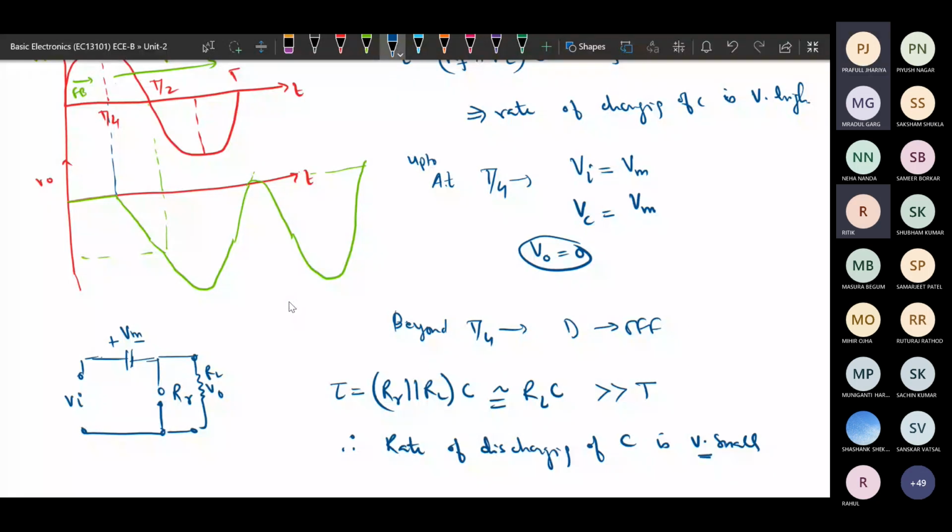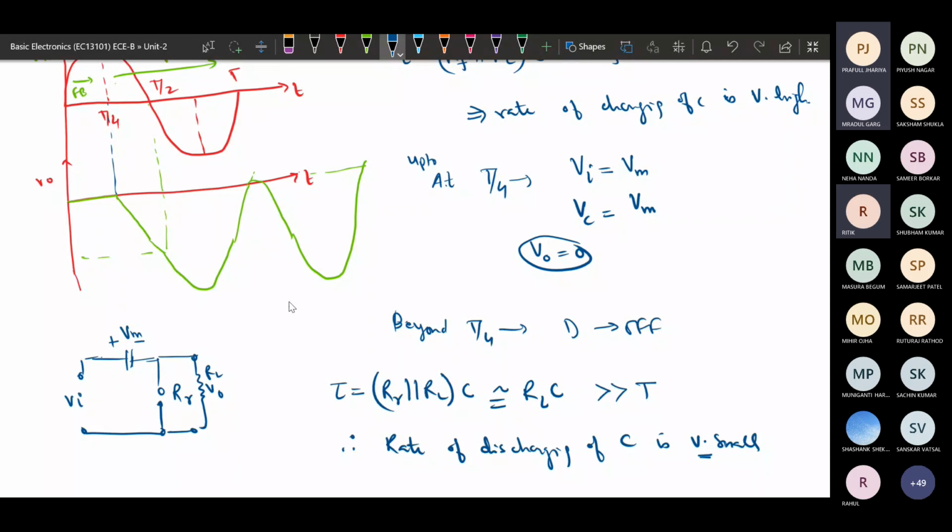So the capacitor will be discharging very little, even for whatever this time period is.